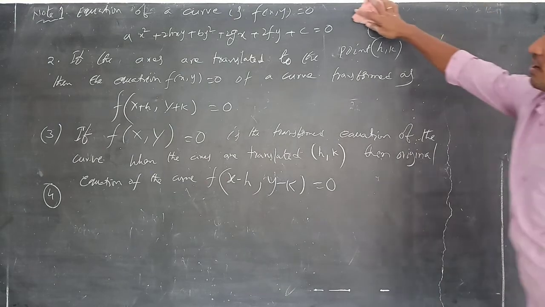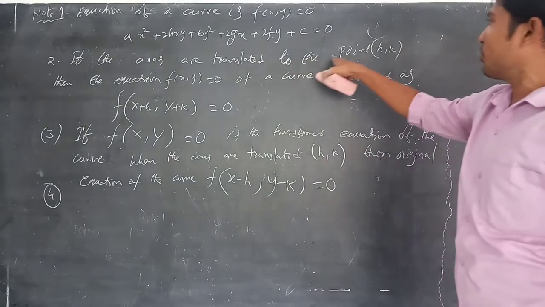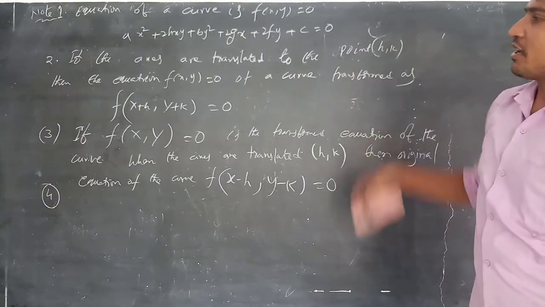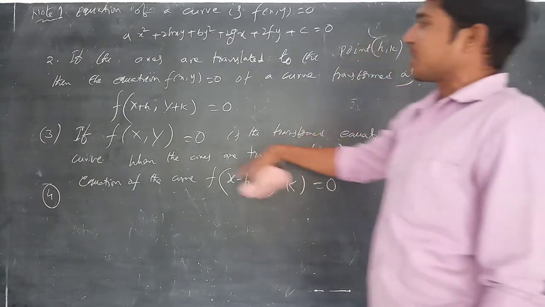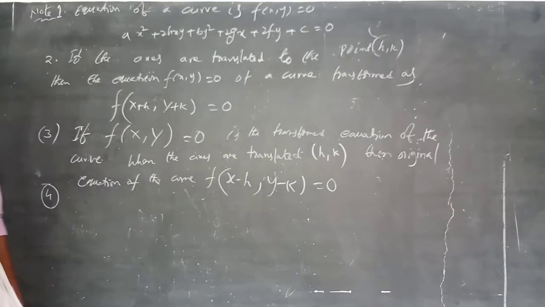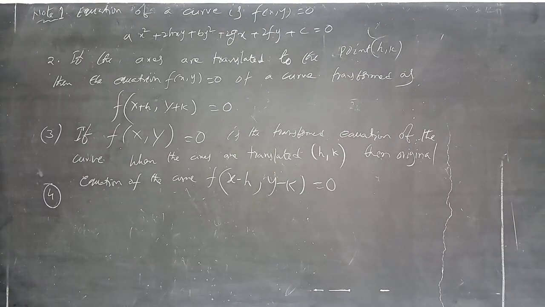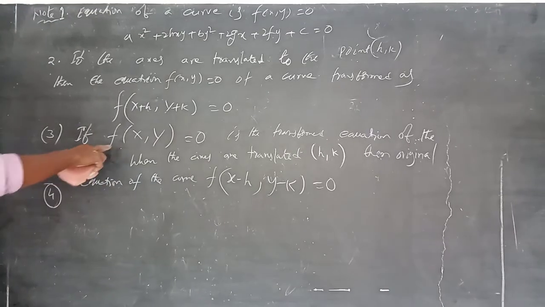Try to understand this second note and third note. If the axes are translated to the point h comma k, then the equation f of x comma y equal to 0 of the curve is transformed as f of capital X plus h and capital Y plus k. Why? Because small x is equal to capital X plus h and small y is equal to capital Y plus k. Here, don't get confused.